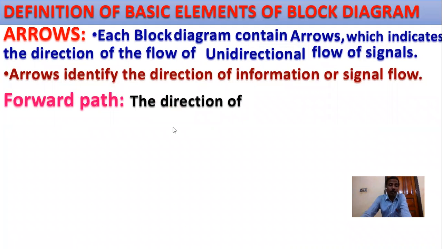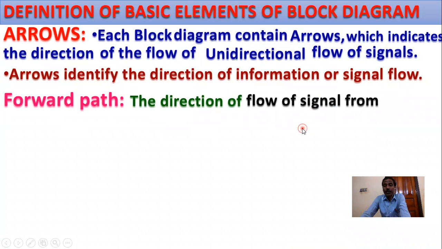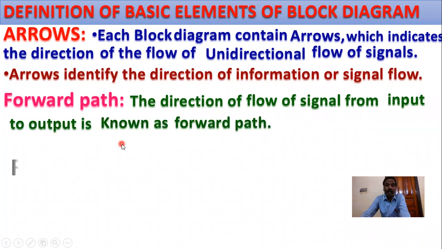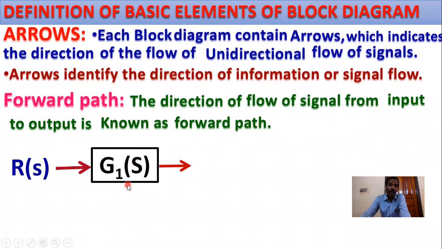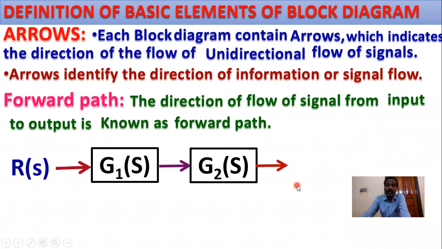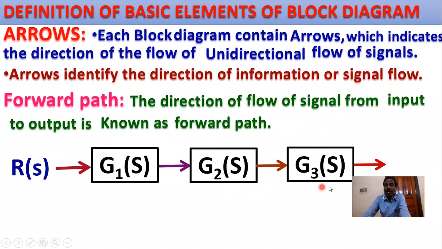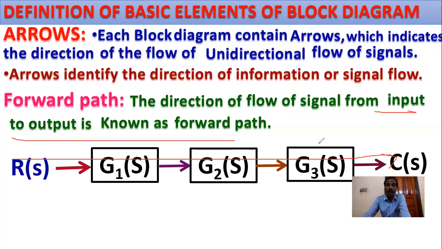Next definition, forward path. The direction of flow of signals from input to output is known as the forward path. So this is the R of S input, G1 is the first block gain, G2 is the second block gain, G3 is the third block gain, and the controlled output is C of S. So this is the forward path: input to output flow direction is known as the forward path.